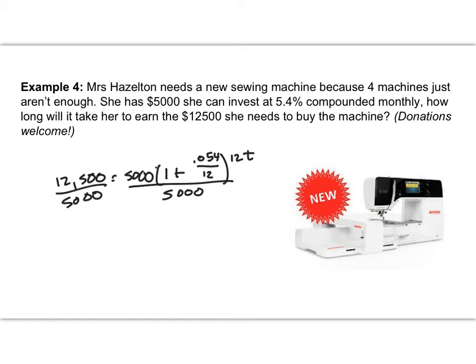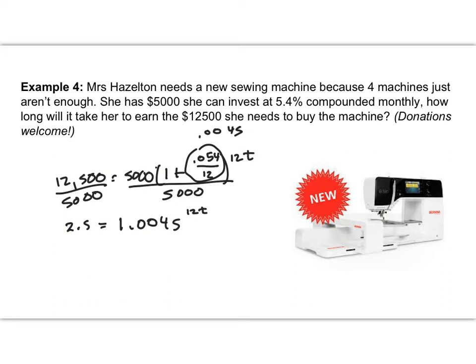First thing I'm going to do is divide both sides by 5,000. That leaves me with 2.5 on this side. The other thing I might want to do is calculate this ahead of time. That is 0.0045. So I get 1.0045 to the 12t.